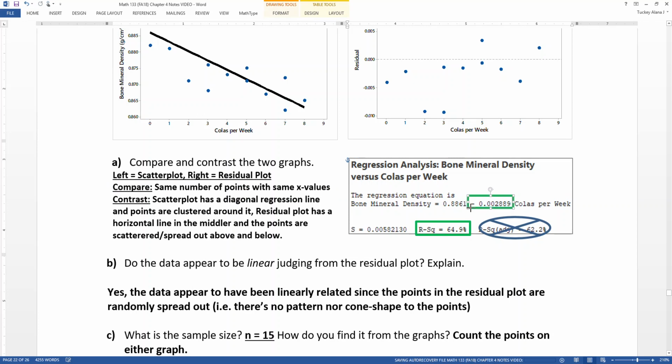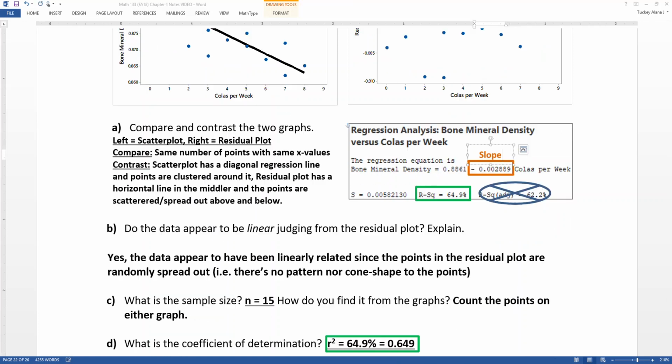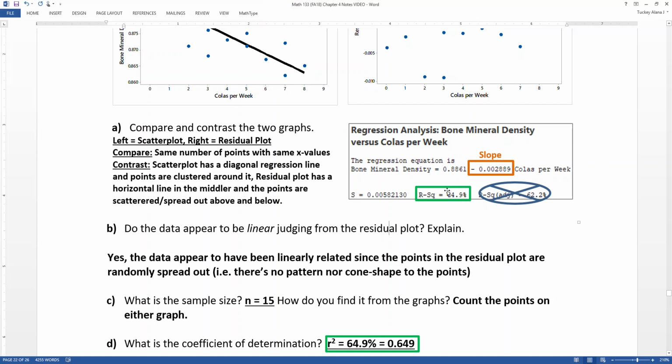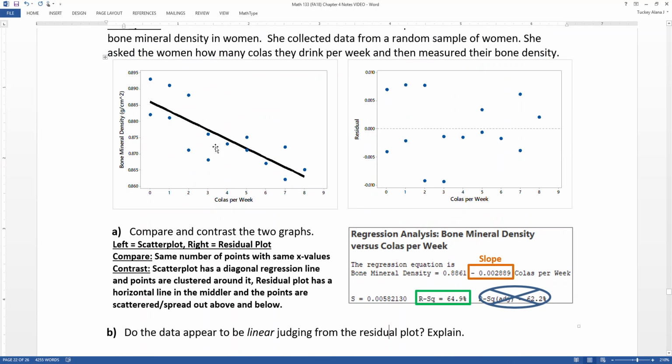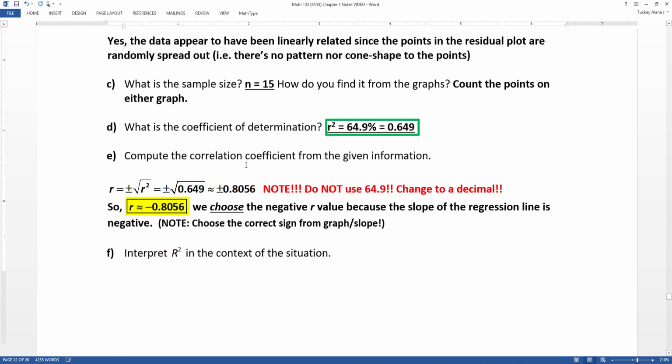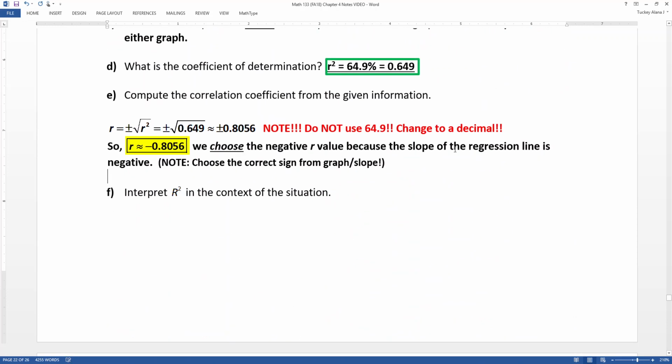So the slope is right here: negative 0.002889. We actually saw that this was the slope back in section 4.2, and we did this problem before to interpret the y-intercept, which is the 0.8861, and the slope. Since that slope is negative, even if I had not given you a graph, you could still tell that you need the negative r value because your slope is negative, either because of the slope or because of the graph itself.